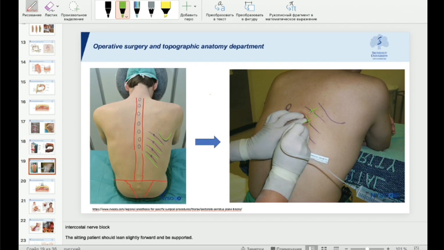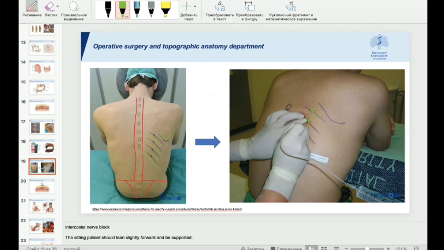But if we find the lower surface of the upper rib, we will go directly to the danger space, because here are the nerve and arteries. If we do that, it's very dangerous for us. Okay, so as we said before, these lines and these crosses mean the area of the upper surface of the lower rib. So where can we make this safe injection to be sure that we do not damage the neurovascular bundle?